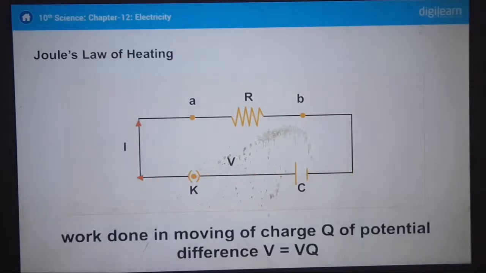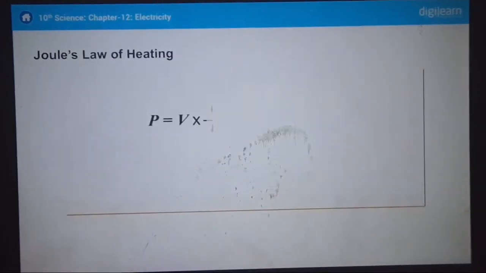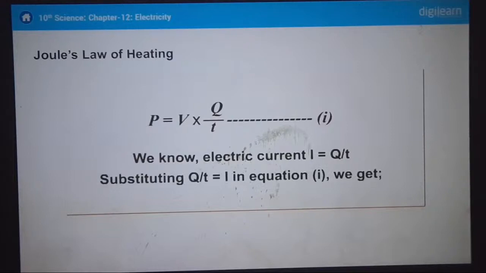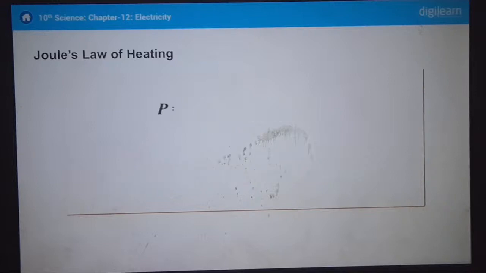Thus, work done in moving a charge Q through potential difference V is equal to V into Q. Since the charge Q flows through the circuit for time t, the power input P to the circuit can be given by the following equation: P equals V into Q by t, equation 1. We know electric current I equals Q by t. Substituting Q by t equal to I in equation 1, we get P equals VI, equation 2.